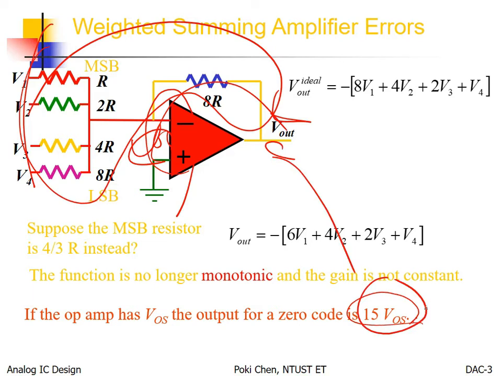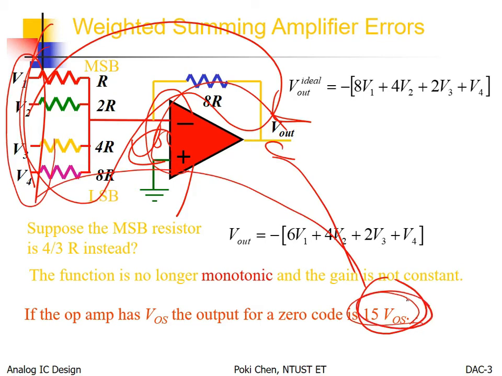All those terms, never mind your real input or some not so good input, will all be summed up at the output. It means this will become the offset of the DAC, because even if you ground all the inputs, you still get this at the output. So definitely, this is an offset error for the DAC.